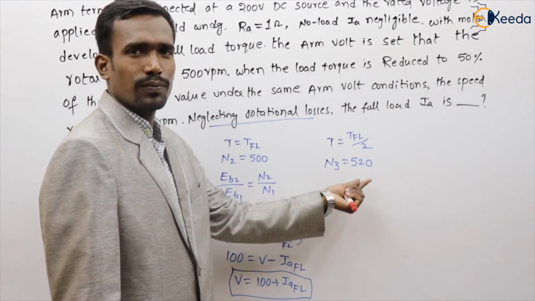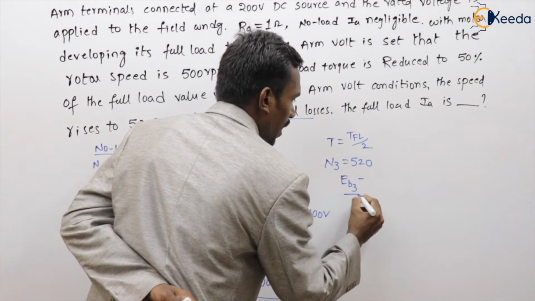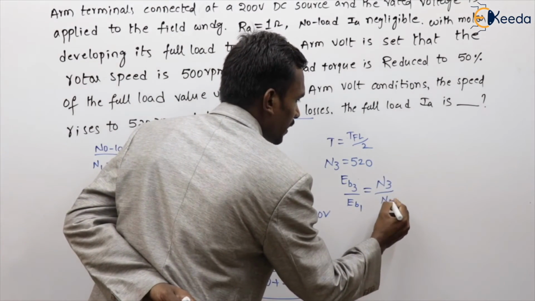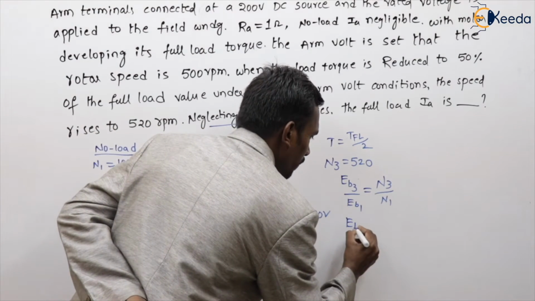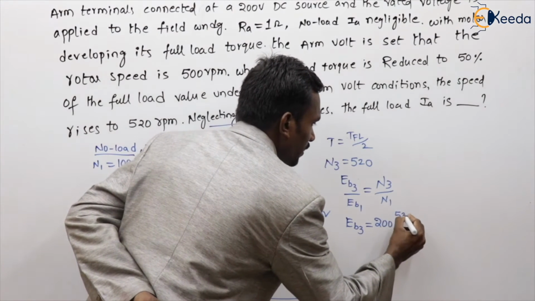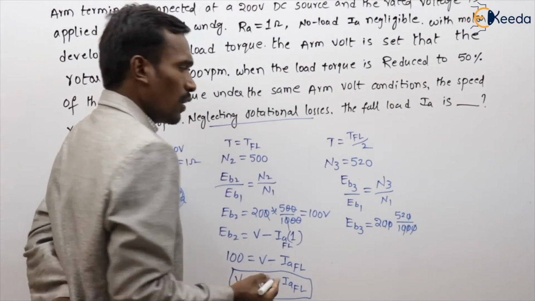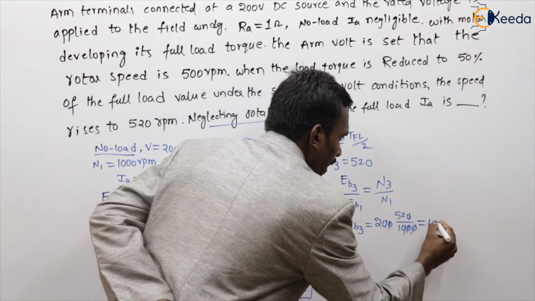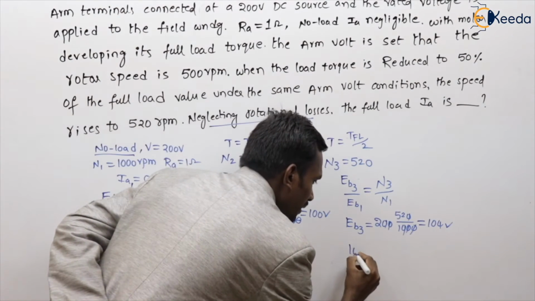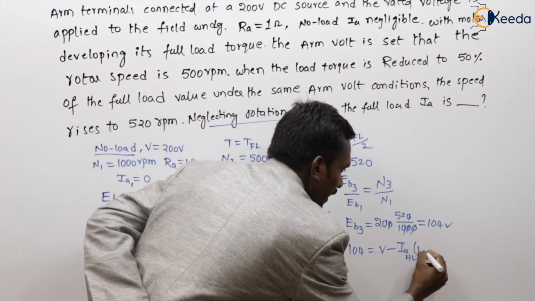Let's come to the off load. N3, okay. EB3 by EB1 is equal to N3 by N1. Then EB3 is equal to EB1 into N3 by N1, which is 52 into 2, 104 volts. That is EB3. But EB3 is equal to V minus IA into RA.